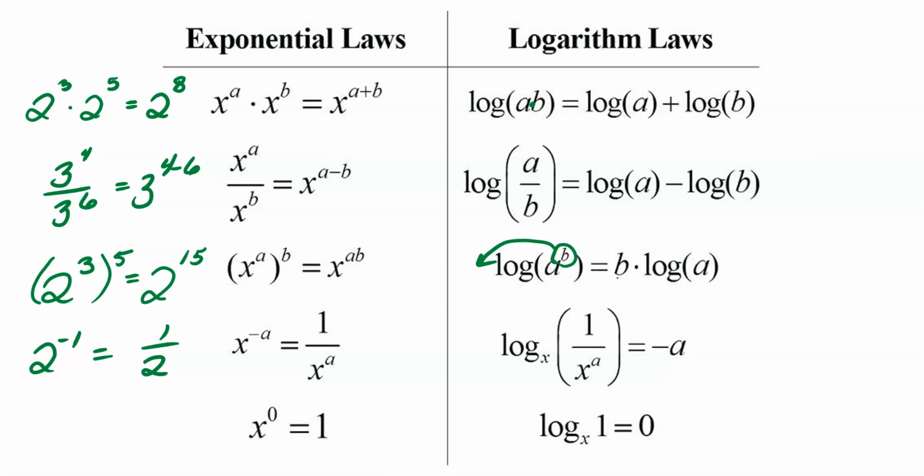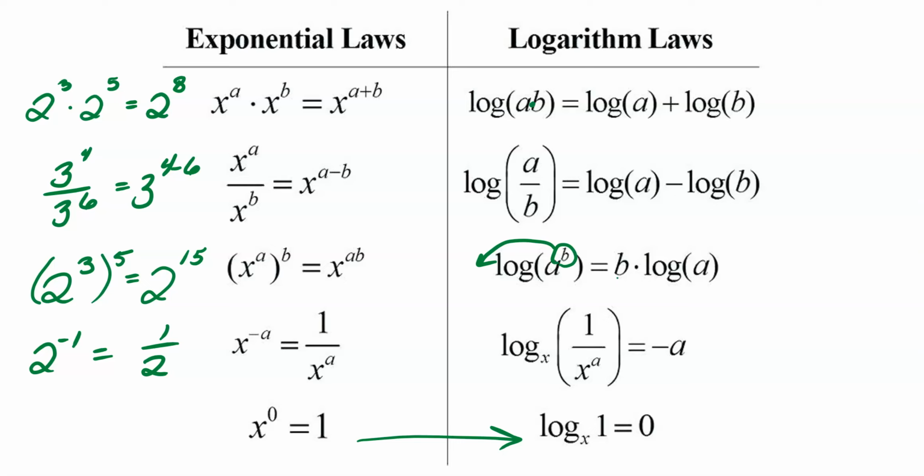And then here, the last one: anything to the 0 power is 1. So when we write it as a logarithm, you remember the logarithm is equal to our exponent. So we have the log, whatever the base is, of 1 is equal to 0.